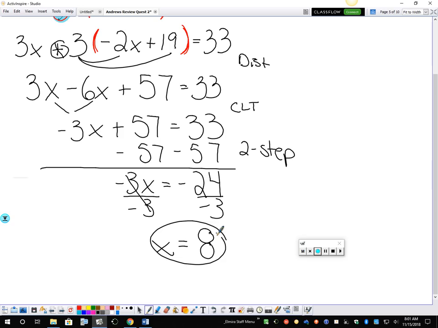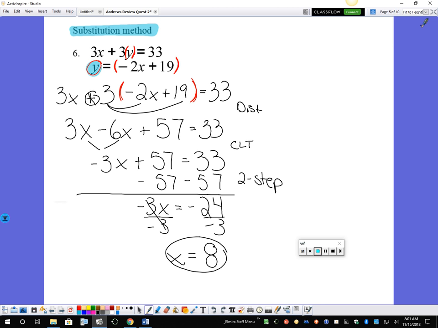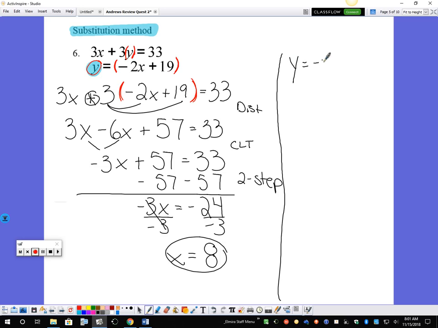Okay, so we have part of this done. I still need to know what the y value is. So I can use either equation, but the one where y is already isolated, that's the easier equation to use. So y equals negative 2x plus 19.